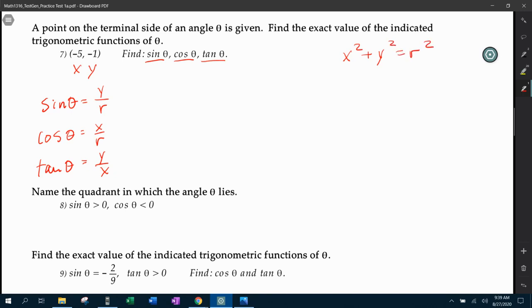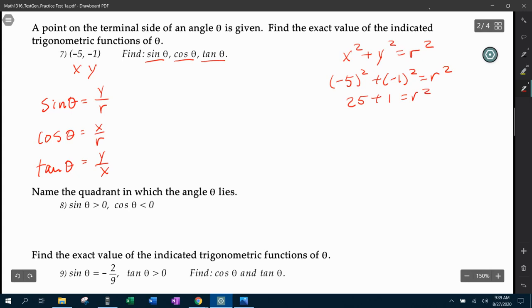Using Pythagorean theorem to find the radius, we're going to have negative 5 squared plus negative 1 squared equals r squared. Now, negative numbers squared become positive, so that's going to be 25 plus 1, which is 26.